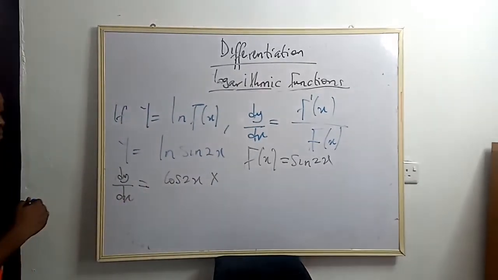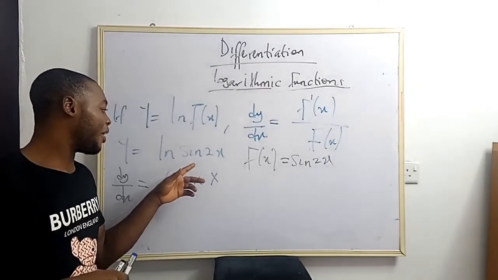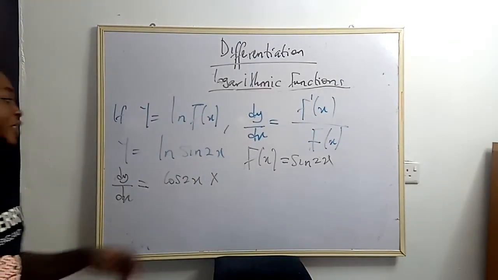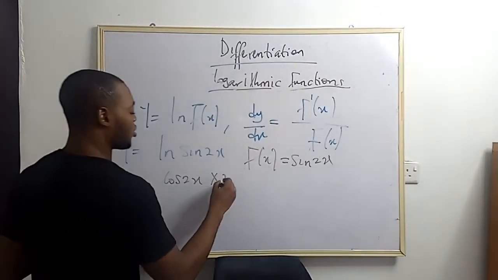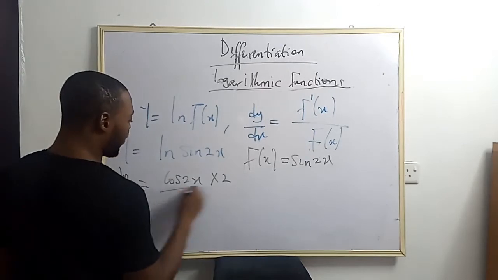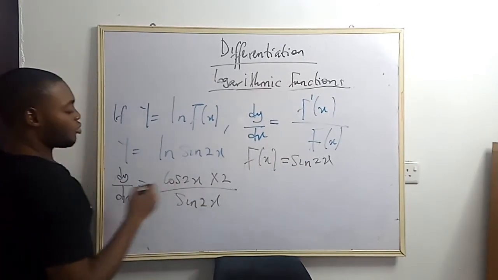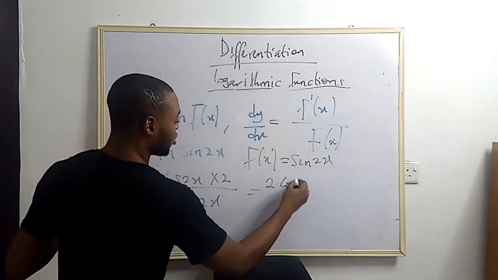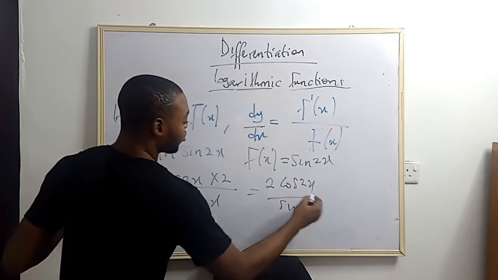multiplied by the derivative of the angle. The derivative of 2x is equal to 2, over f of x, which is sine 2x. So this will be equal to 2 cos 2x over sine 2x.